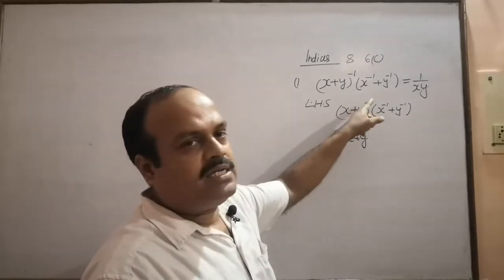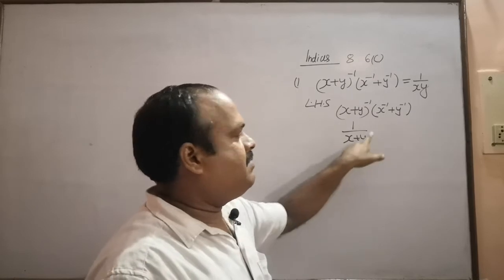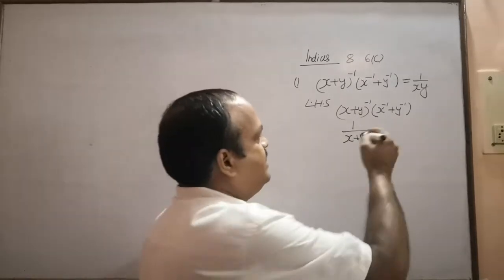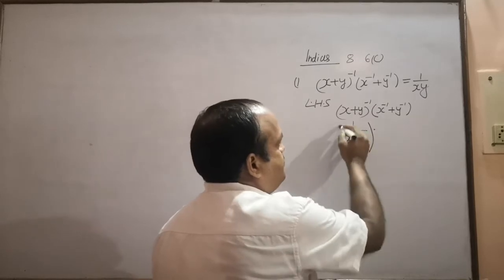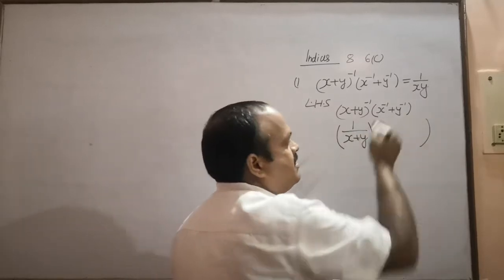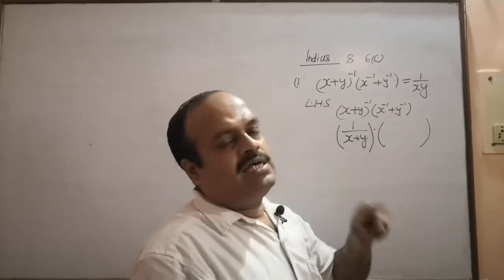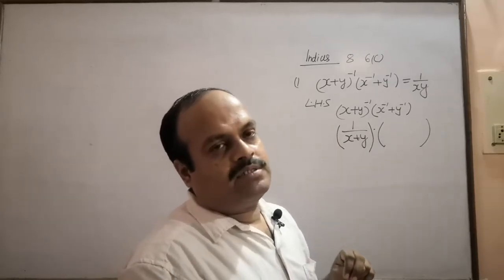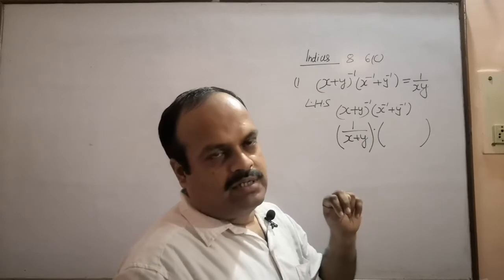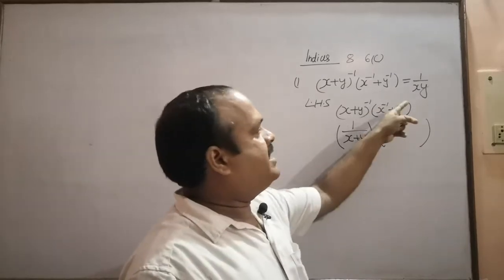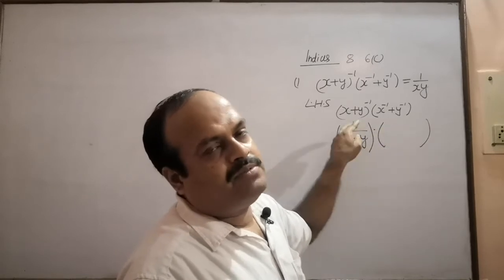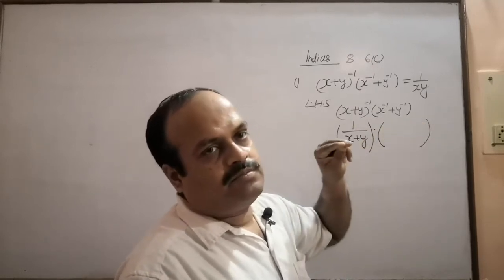Since the power is minus 1, we can consider that the power is plus 1, which we don't write, into this bracket, which has 2 terms. Both the terms have their powers minus 1. So to make these negative powers positive, we will have to write the reciprocal of each of the terms.